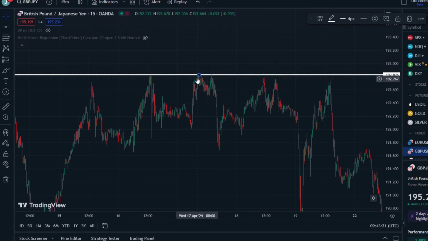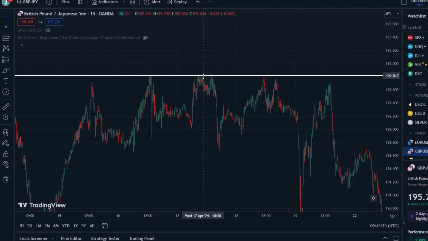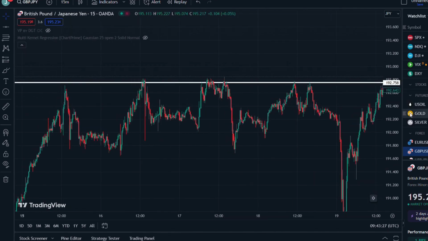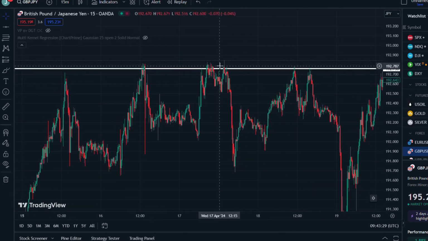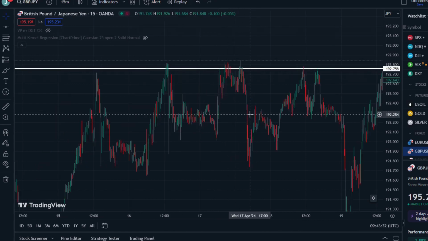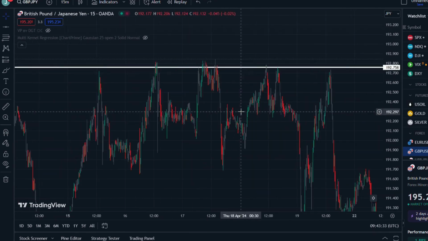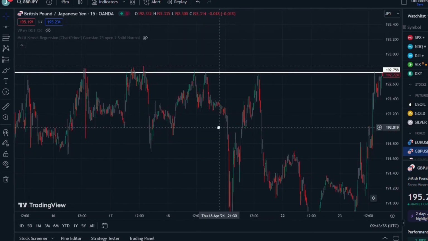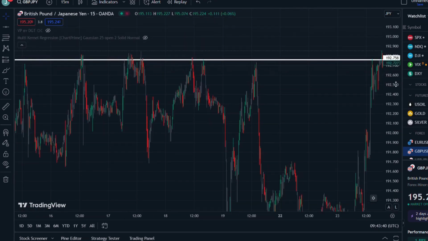If the price can overcome this, it can be called a fake breakout. So keep going and see what happened on this line that we have already drawn.